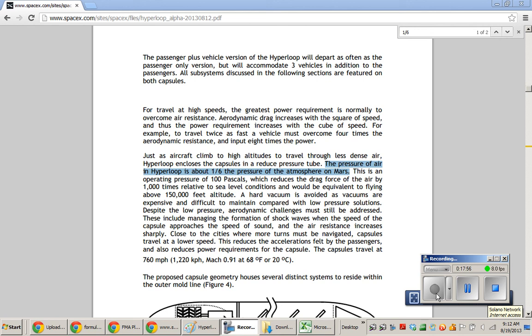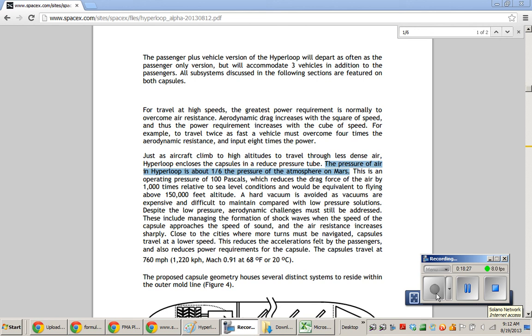I don't live on Mars, and neither does Mr. Musk. He may aspire to live on Mars, but he does not. He lives on Earth. He deals with pressures of about 760 torr, 1 atmosphere in his everyday life, and so do I. And the Hyperloop would involve about 1,000th of that pressure, not 1/6.